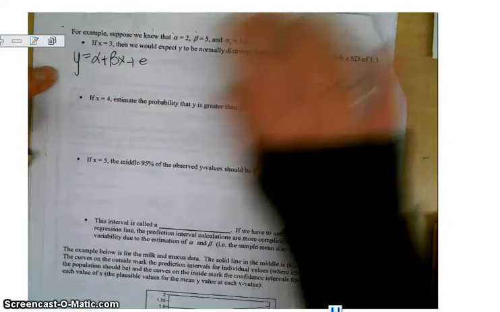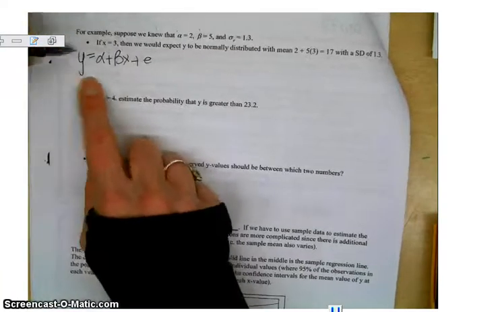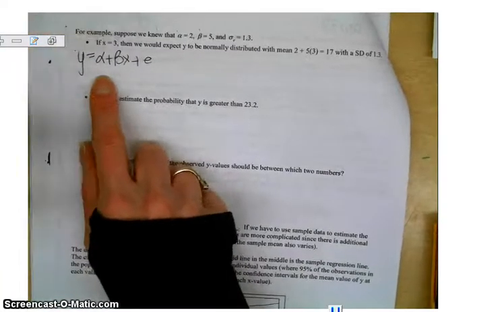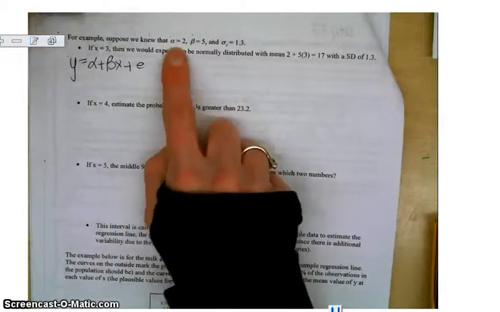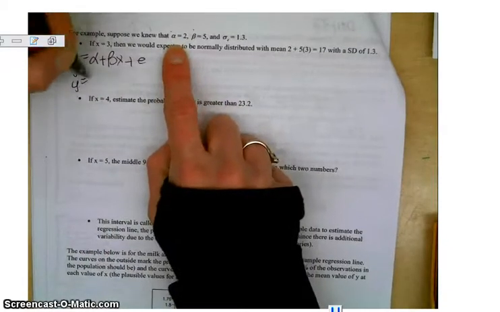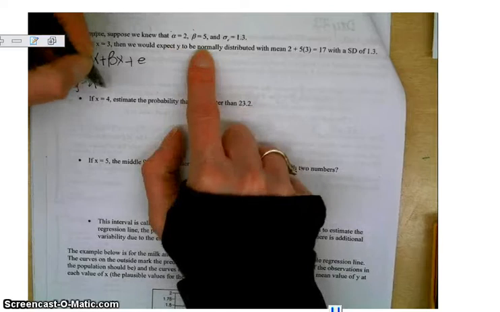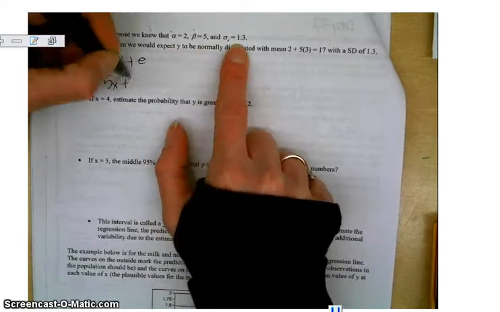This is y, the true regression. Alpha and beta are the true values of the slope and the y-intercept, and e is the error. They're telling us that alpha is 2, so I'm going to replace the alpha with 2, the beta with 5, and the e with 1.3.